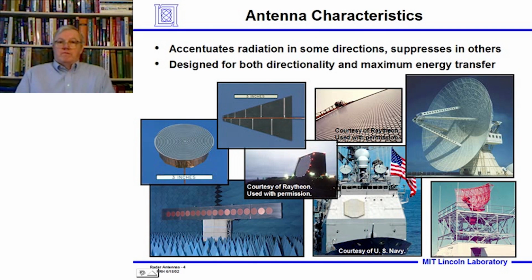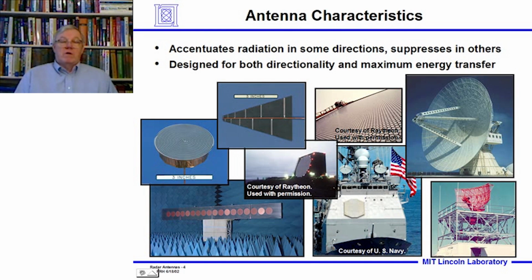We want the energy focused where we want it to go on transmit so the power will get out to the target. Likewise, when we're listening, after we've transmitted, we want the antenna to listen selectively at the angle where the weak energy from the echo is coming back. So it also serves the function of collecting very efficiently, by having a well-collimated receive beam, the energy from the echo. Okay?